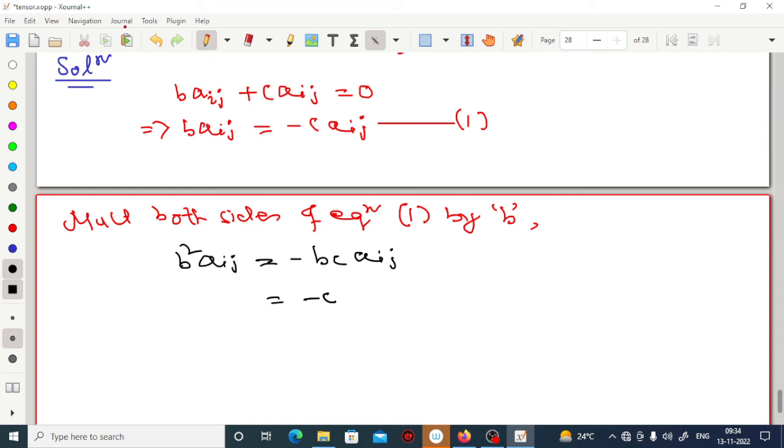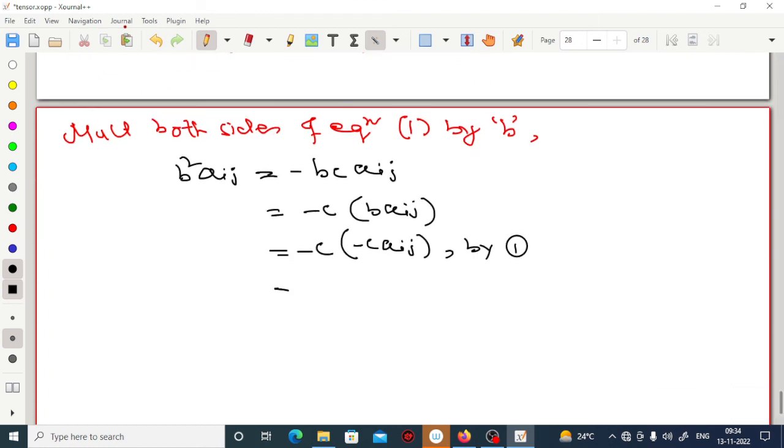Let me keep it aside, minus C, and I write it B of Aji. Now B of Aji, let me substitute from equation 1. From equation 1, B of Aij is available, so I substitute from there, and from here I get C square of Aij.